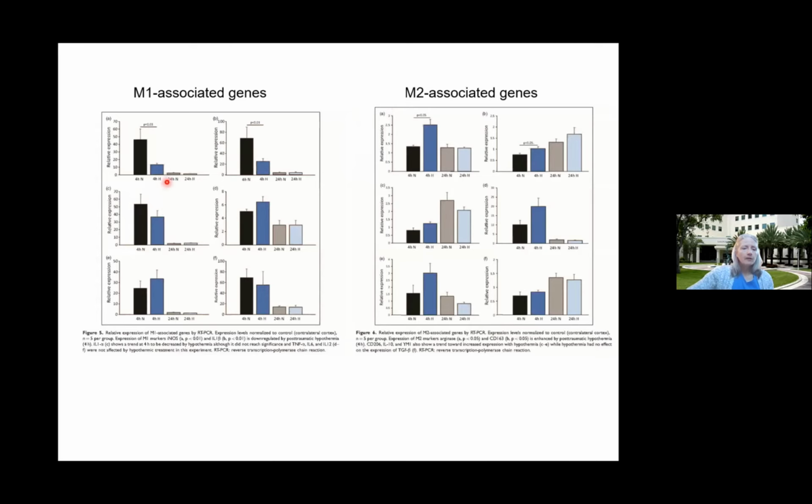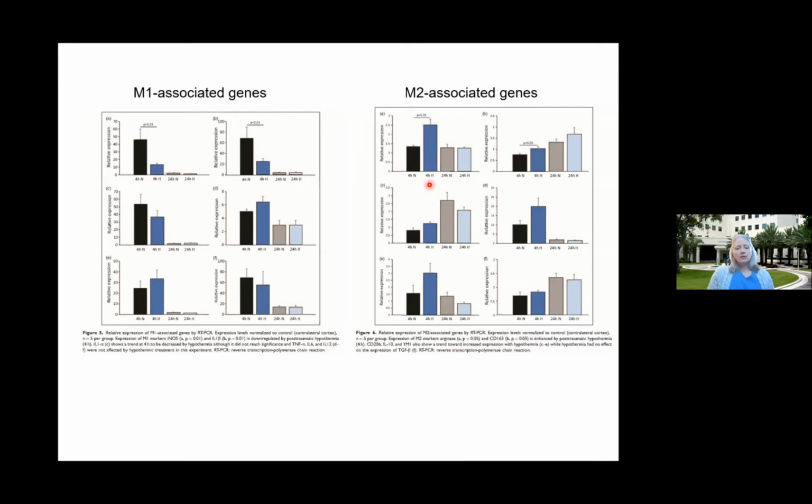Clearly with hypothermia at 4 hours, we saw a decrease in M1 associated genes relative to the normothermic groups, and with M2 associated genes, we saw an increase at 4 hours. So early on, we saw some changes with these M1, M2 microglia phenotypes.